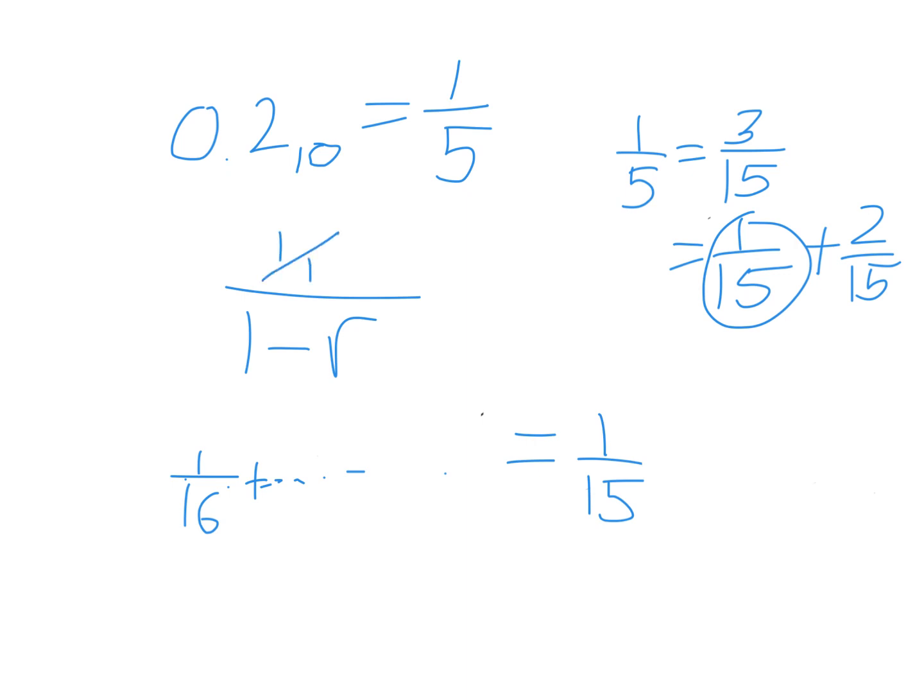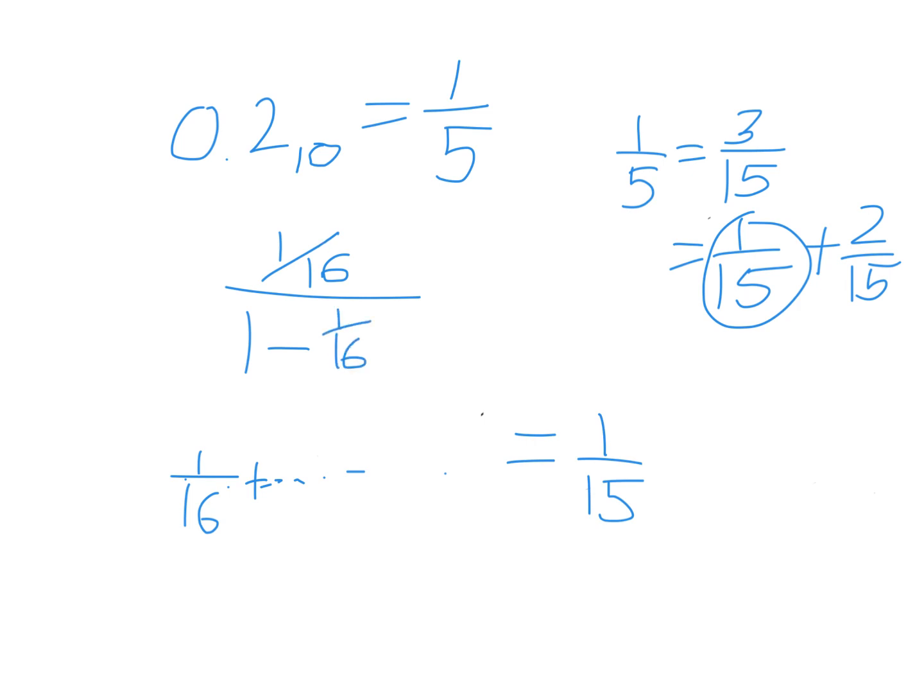The idea behind writing 1 over 5 as the sum of fractions whose denominator is 1 less than a power of 2 means that I can find this value of r easily, make it a power of 2. For 1 over 15, I can make this bottom into 15 over 16 like this.